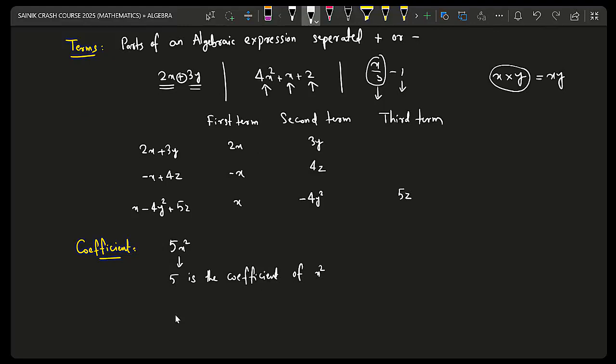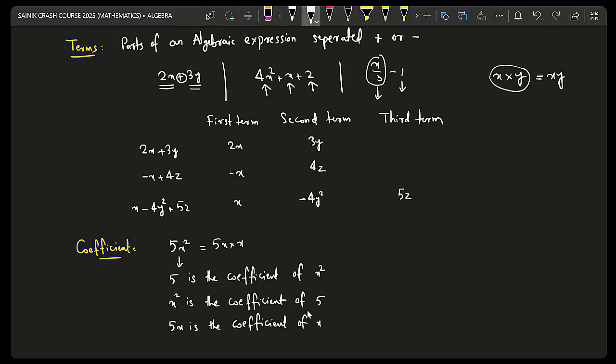And we can also call x square the coefficient of 5. And also we can do one more thing: 5x square can be written as 5x into x. So we can say 5x is the coefficient of x.